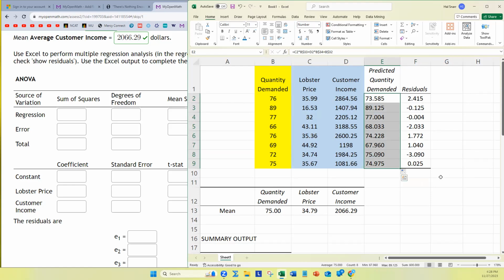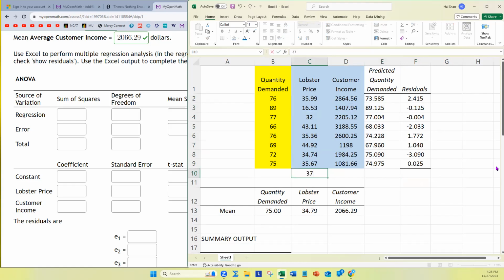So if tomorrow the lobster price is $37 and customer income is $2,900, right? I don't have an observed value here, right?